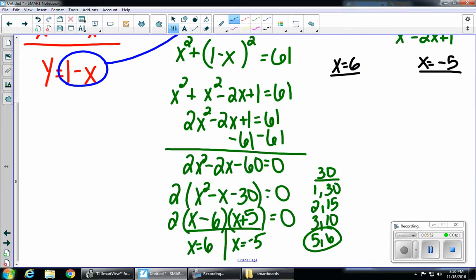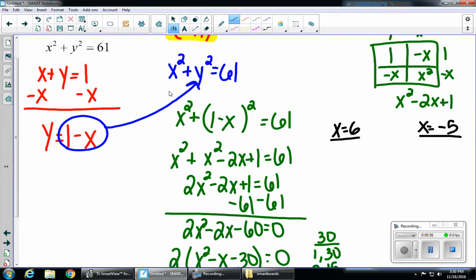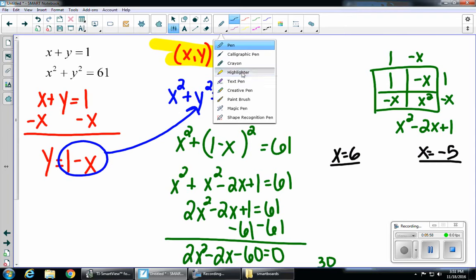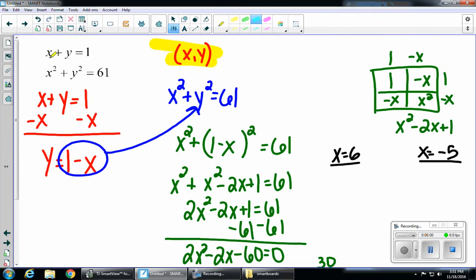I'm going to plug back into one of those original 2 equations. If I take a look back at my original equations, the top equation is our line, so that one's going to be a little bit easier to plug into. So I'm going to use the x plus y equals 1 equation.